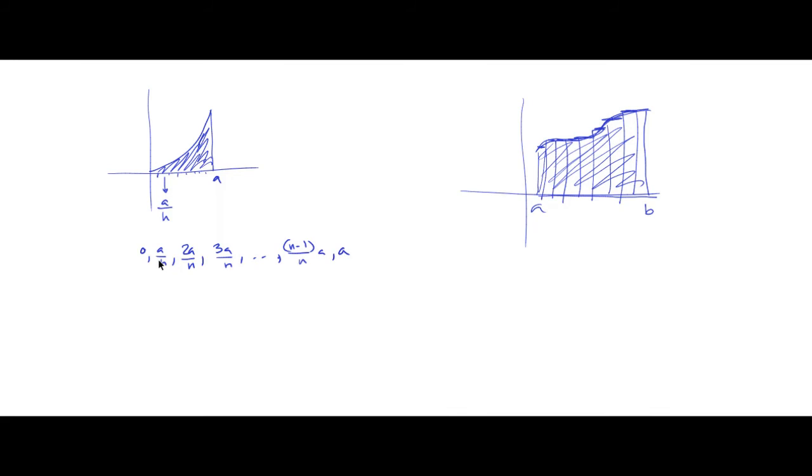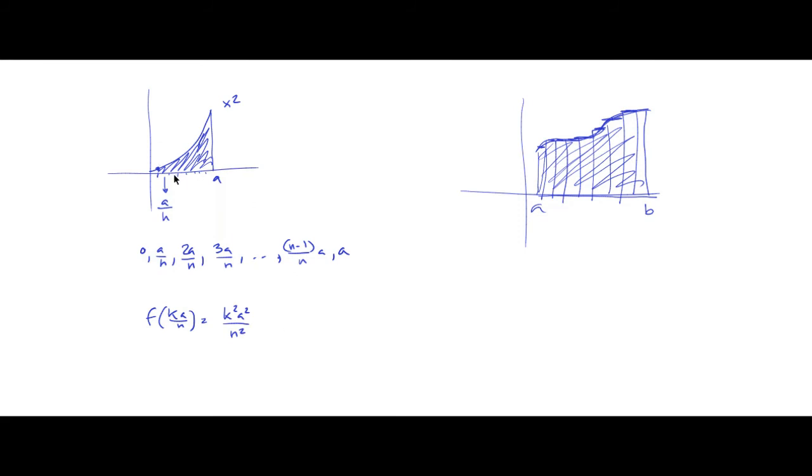We want to get an approximation of the function in each interval. In the interval between 0 and A/n, we're going to take the highest value of the function, which, since this is x squared, is the value at the rightmost point kA/n, where k goes from 0 to n. That is k squared A squared divided by n squared, right?